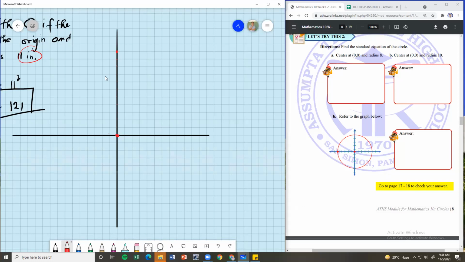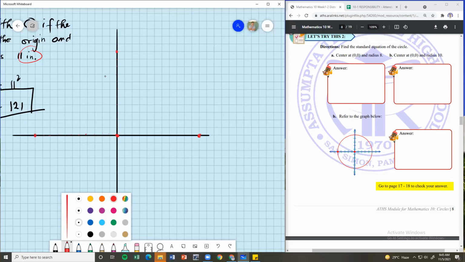So we have here 1, 2, 3, 4, 5, 6, 7, 8, 9, 10, 11. Correct, Erin. And 1, 2, 3, 4, 5, 6, 7, 8, 9, 10, 11 on each side. There. Okay, imagine that our circle is this.